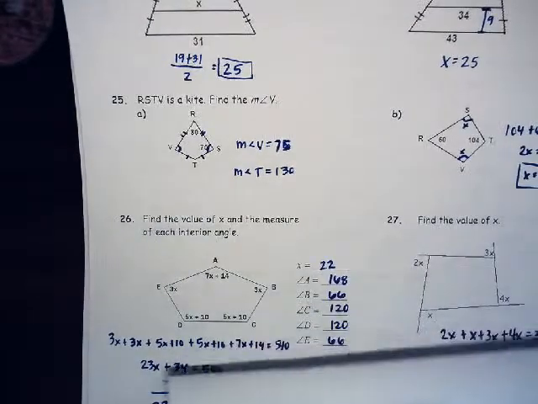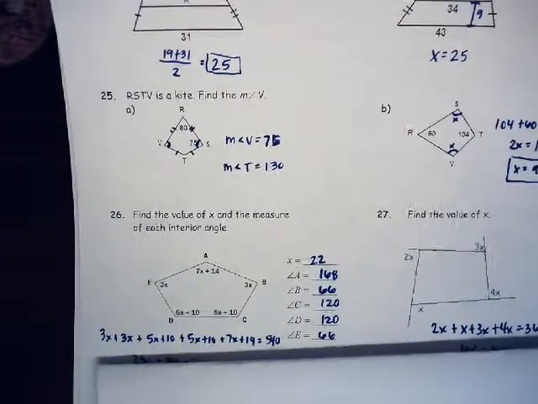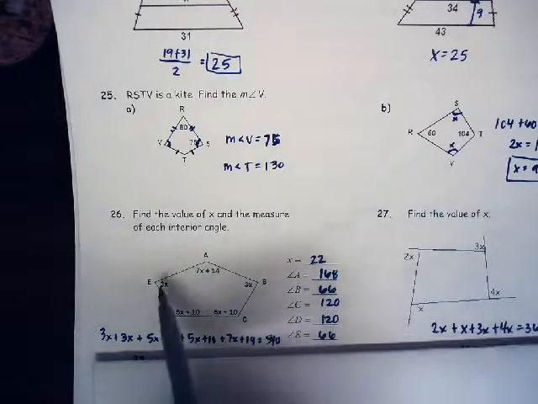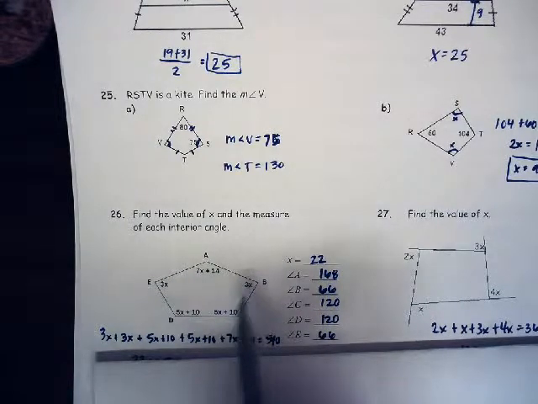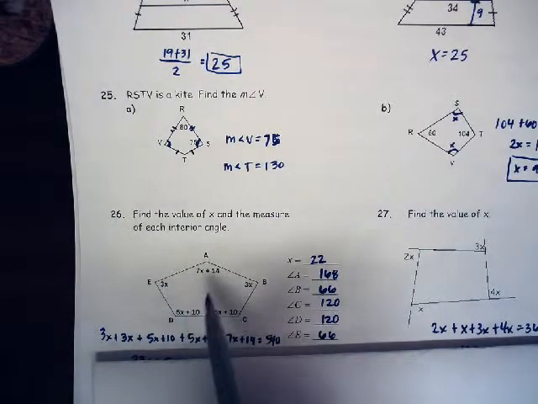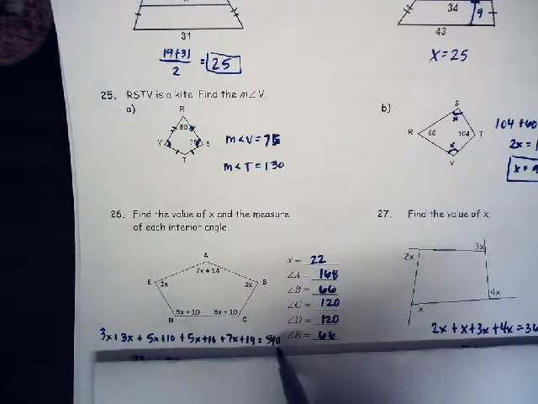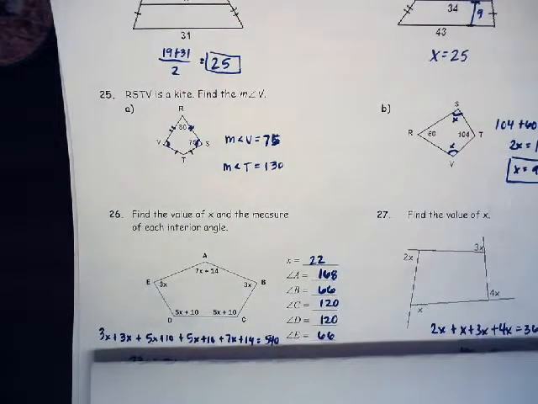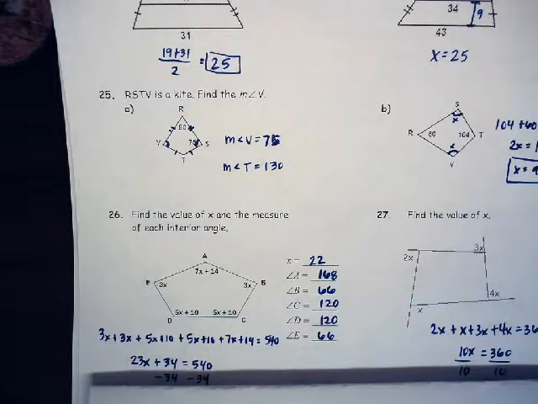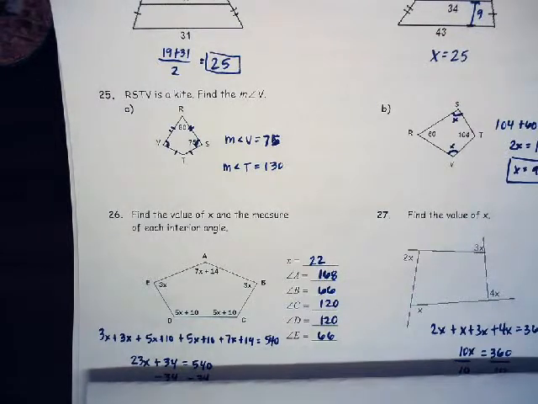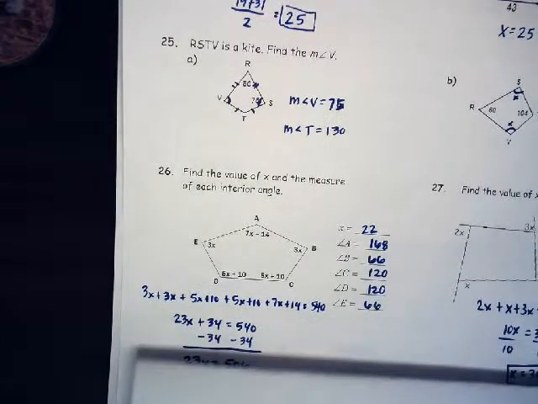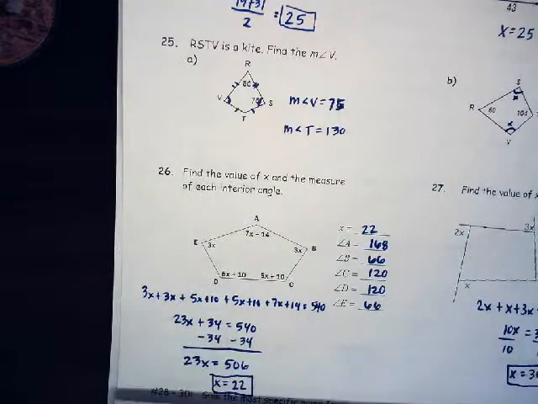So if I add all of these measures together, so notice I just went around the circle, 3x plus 3x plus 5x plus 10 plus 5x plus 10 plus 7x plus 14 equals 540. Gather all my x's together and I get 23x. And then I had 10 plus 10 plus 14, so that's 34. Subtract 34 from both sides. 23x equals 506, so x equals 22.